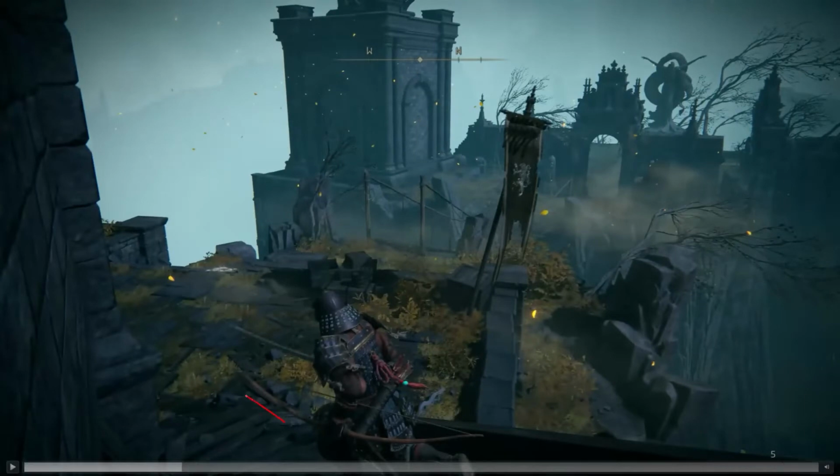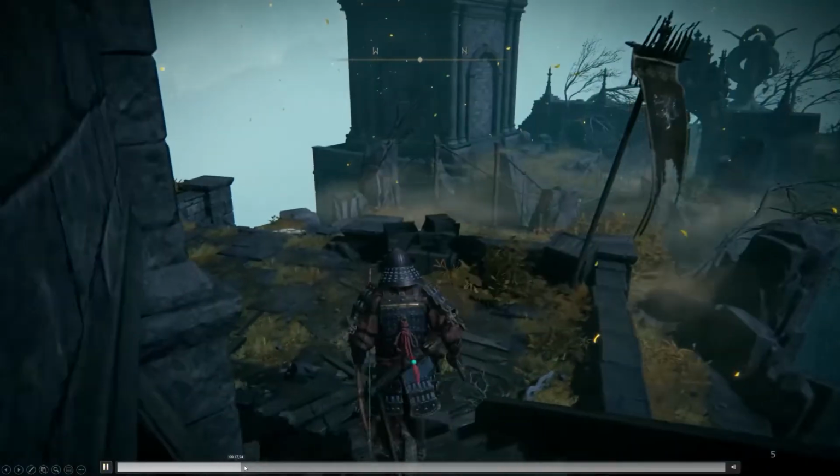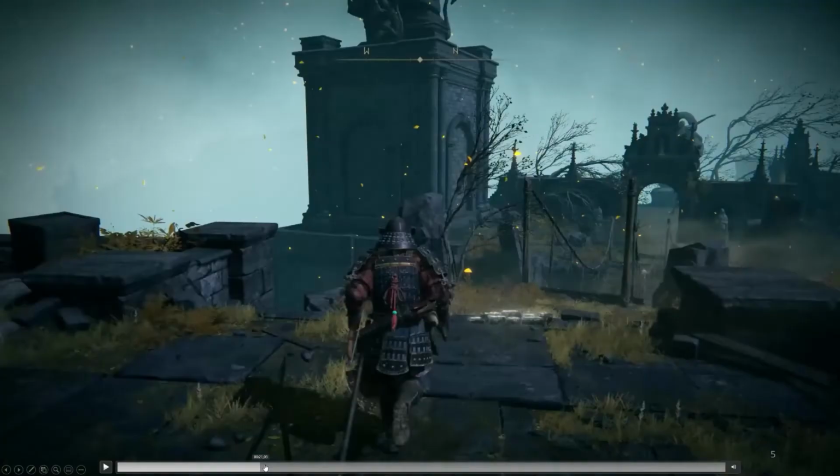So we know that we have to follow those stairs, then go onto this bridge, and then move with this bridge through this gate and go somewhere here behind this wall, right? So very, very good visual indicators of where we are supposed to go.